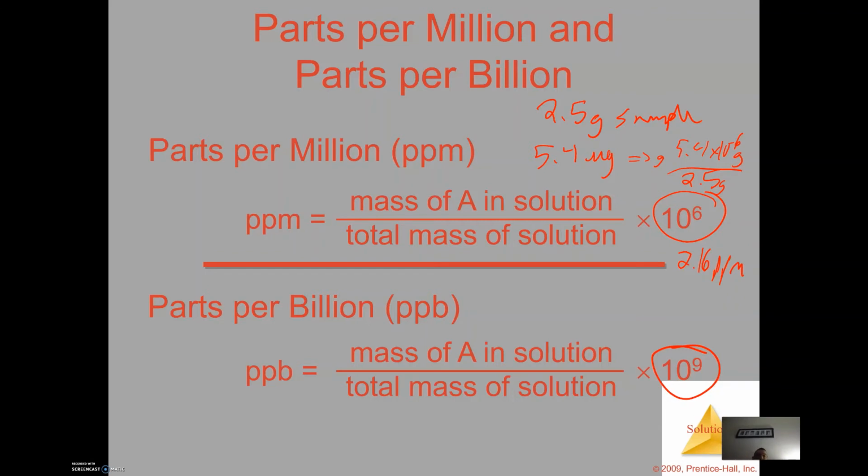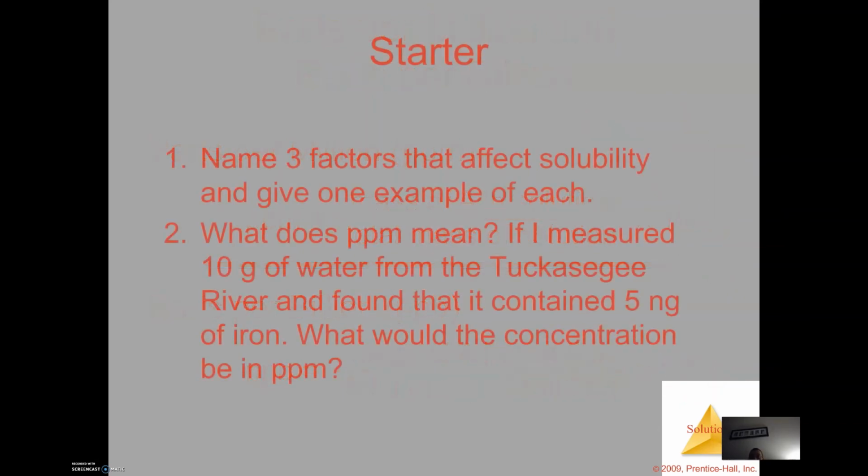So for every billion things that go by, 2,160 of those would be zinc ions. So that's another unit. We use parts per million and parts per billion when you're working with very small amounts. You don't need it if you're working with something that's much higher in concentration. Molarity would be a good factor there.